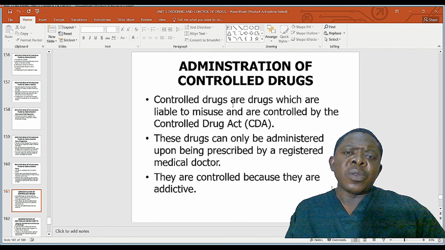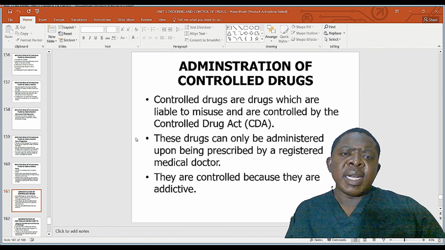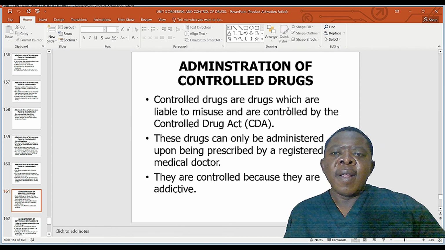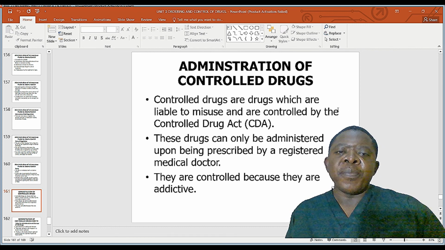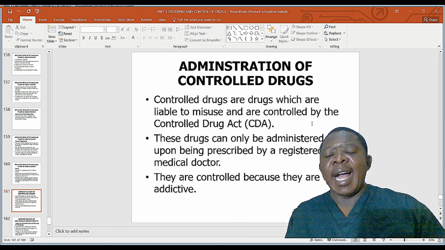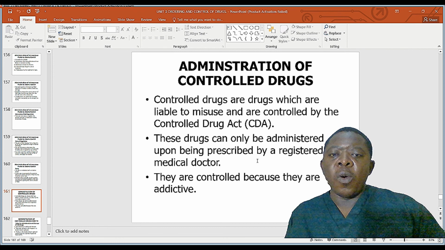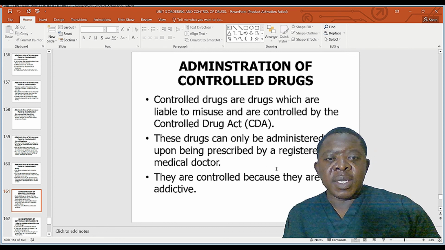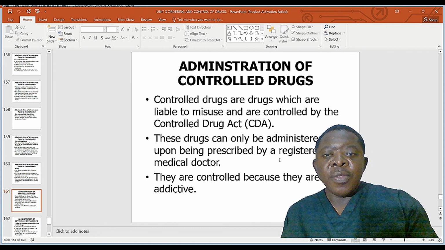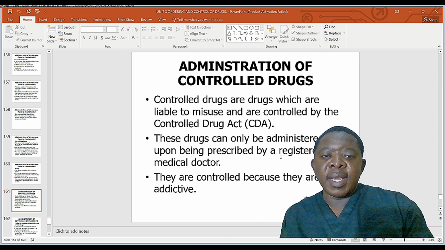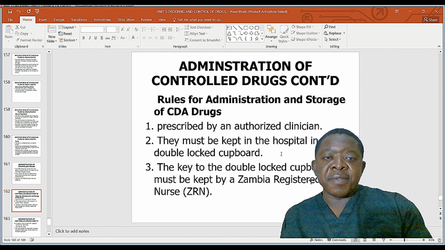Controlled drugs are drugs which are liable to misuse and are controlled by the Controlled Drug Act. So these drugs can only be administered upon being prescribed by a registered medical doctor. They are controlled because they are active.